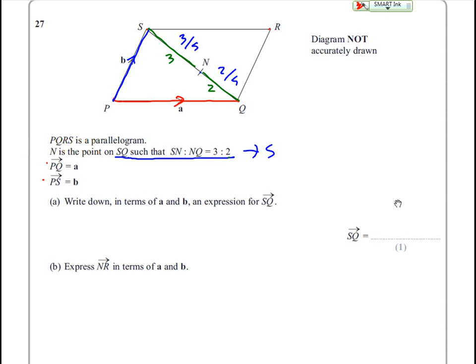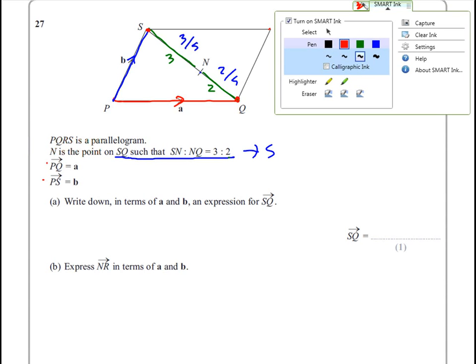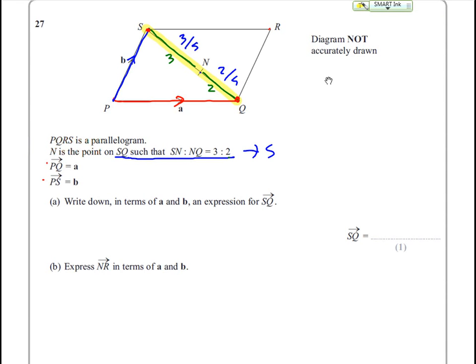Right, S to Q. Well, we need to find a path to get there. We can't go straight there yet because we don't know what this is. So what we have to do instead is put that 2 back, get that out the way, and go this way.